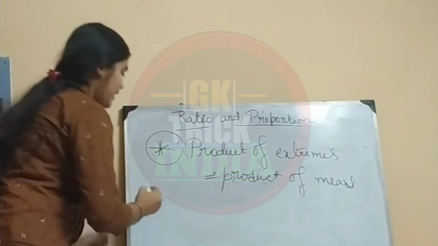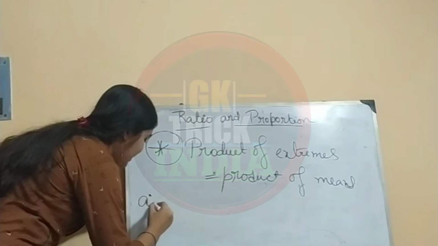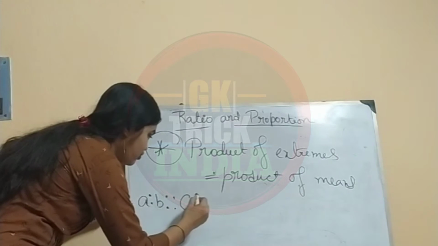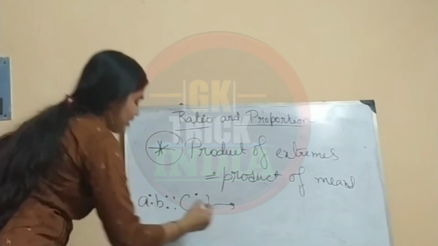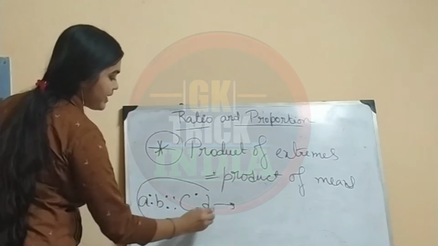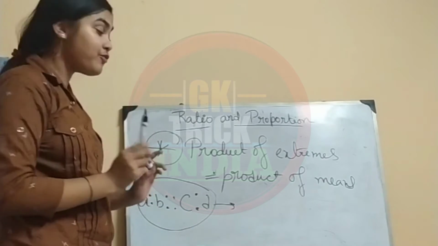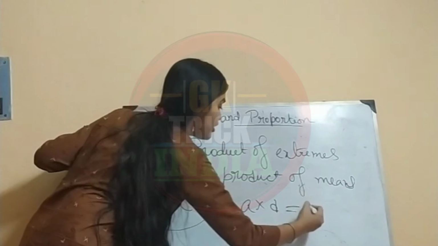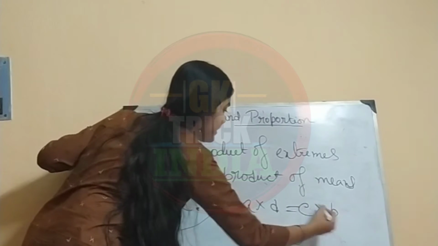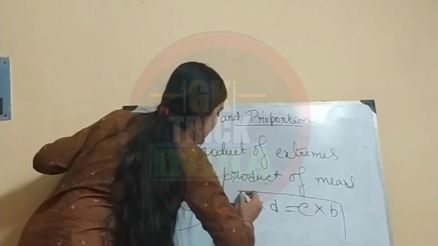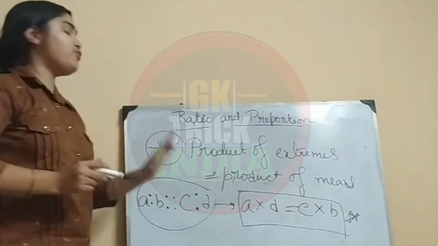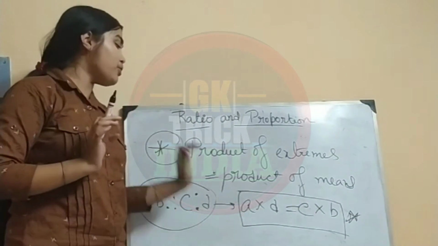That means in the proportion A is to B as C is to D, these four terms can be in proportion only if A into D is equal to C into B. This is the most important criterion for four terms to be in proportion.